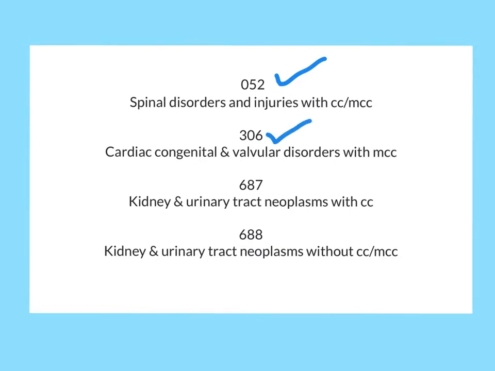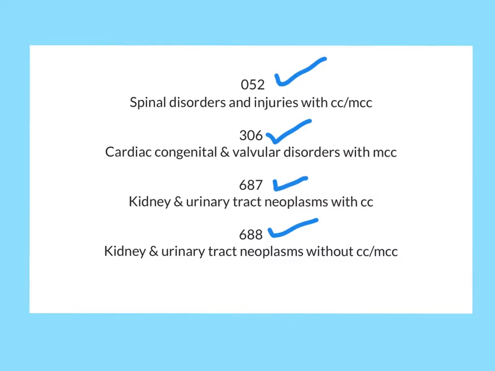MSDRG 306 is assigned to cardiac, congenital, and valvular disorders with MCC, those major complication or comorbidity. MSDRG 687, kidney and urinary tract neoplasms with CC, or category 688, kidney and urinary tract neoplasms without CC-MCC.